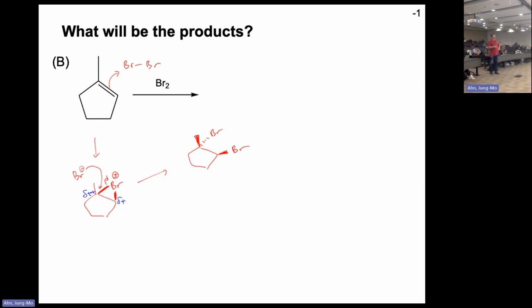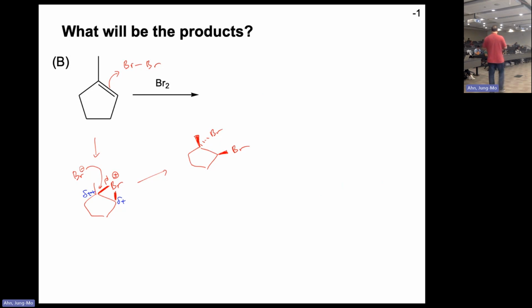Of course, it's the same molecule, same atom, so you're not going to see the difference, but somehow if you could label the bromine with a radioisotope or anything, the more substituted side is going to get attacked. That bromine is the one that left from this reaction. That's it. The nucleophilic bromide is going to come in on the more substituted side. The less substituted side is going to get bromine from the bromonium ion.